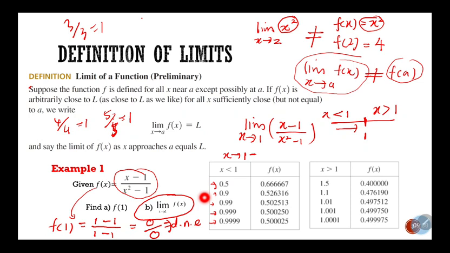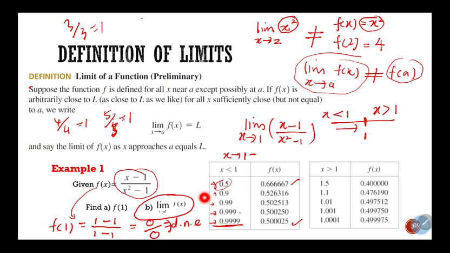Enter 0.5 into x here: 0.5 minus 1 over 0.5 square minus 1. Then you will get this. Same also for 0.9999: 0.9999 minus 1 over 0.9999 square minus 1. Then you will get this value.